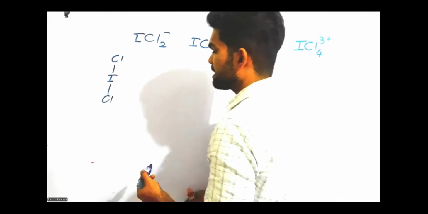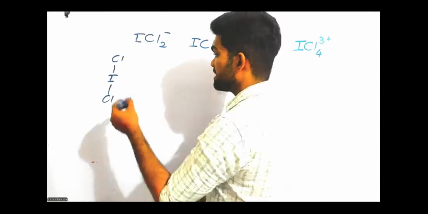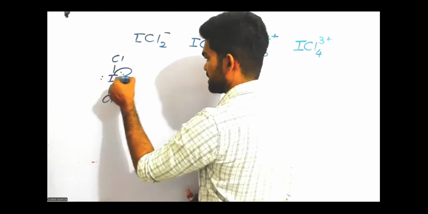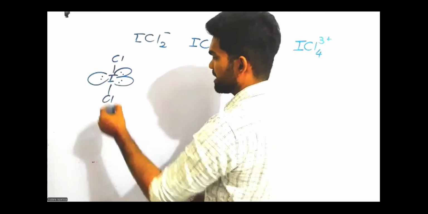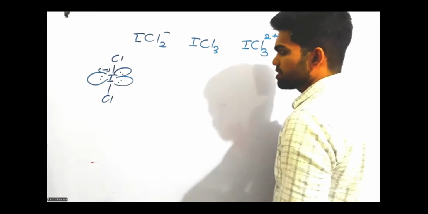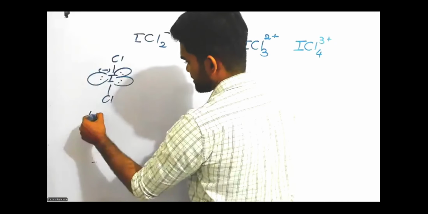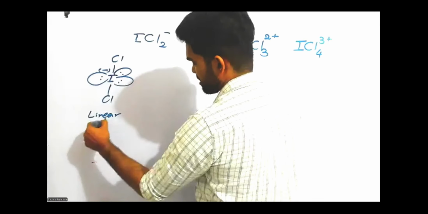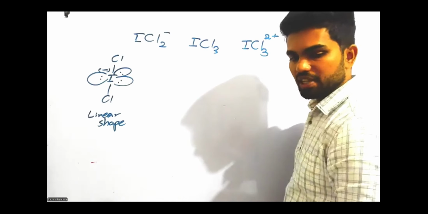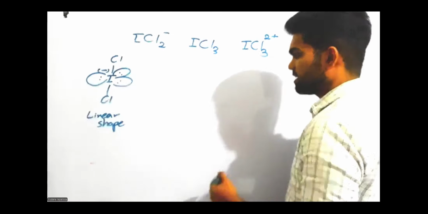Usually iodine has 7 valence electrons. Like this, it will have 3 lone pairs with the negative charge on the central iodine. So it's going to be a linear shape, which comes from trigonal bipyramidal electron pair geometry. Understood? That's how we take it.